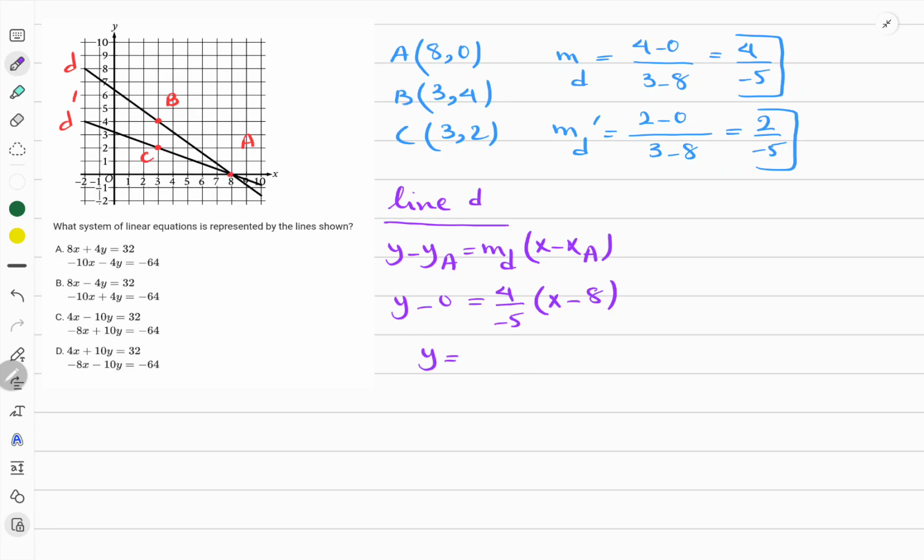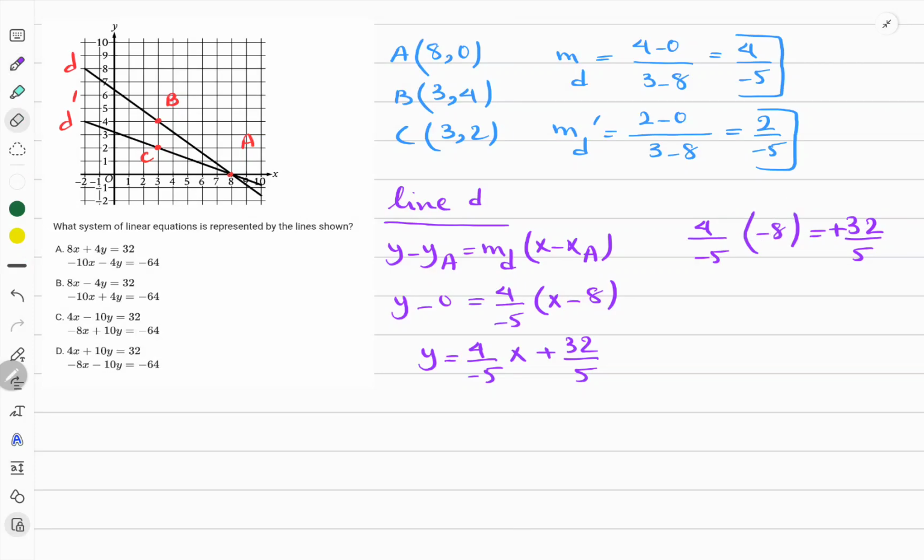Y equals 4 over negative 5 times x, because according to the distributive law, you should multiply 4 over negative 5 by all terms inside the parentheses. If you cannot do this in your mind, you can write here times negative 8. 4 times 8 is 32 over 5, and negative times negative gives you positive.